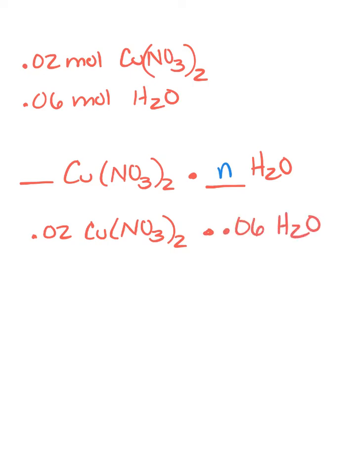Here's the problem. We cannot have these numbers be decimals or fractions. We have to have them as whole numbers. So what we'll do, the easiest way to do this is to take the 0.02, which is the smaller of the two numbers. We have 0.02 and 0.06.